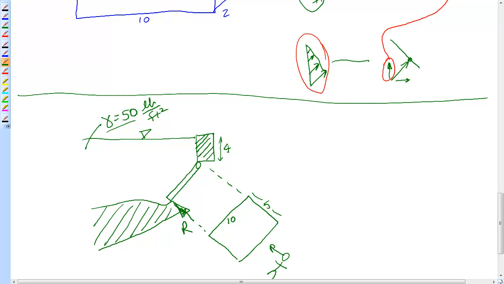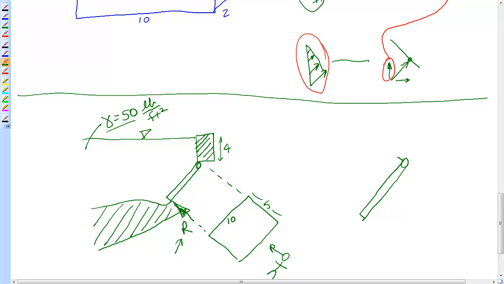Okay, now the question is, what is the reaction here? That's going to be your goal here. This is going to be a hinge, so you know there's going to be no moment produced by that hinge. That's your hope there.